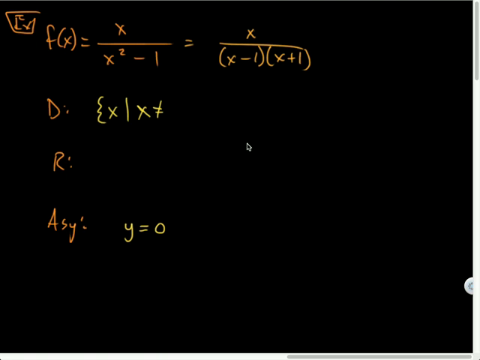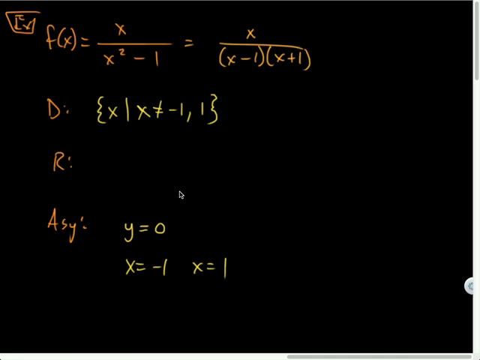What two things can't it equal? 1 or negative 1. If this is 1, 1 minus 1 is 0, and 0 times whatever this is 0. And if x is negative 1, negative 1 plus 1 is 0, and 0 times whatever this is 0. So x cannot equal negative 1 or 1. And it's likely going to have two vertical asymptotes. All right, so 3 asymptotes all together.